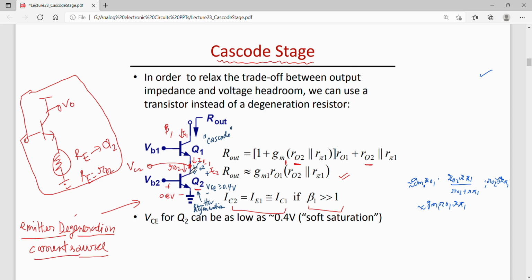So if I keep this at 0.4 volts, I have 0.8 volts at VB and VC2 is 0.4 volts, which means Q2 is in saturation, because the collector-base junction becomes forward biased.